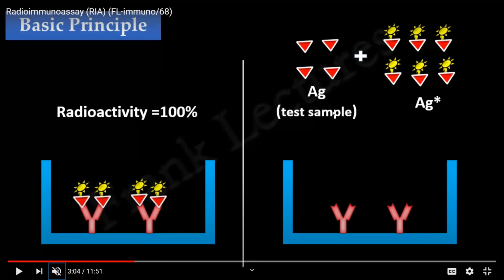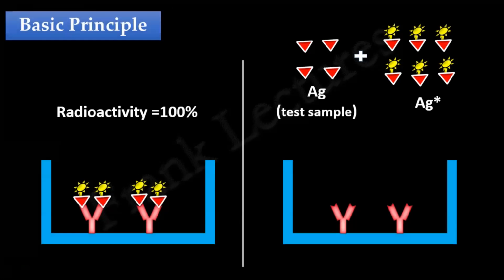We cannot tag those antigens with a radioisotope, so the antigens in the test sample will have no radioisotope, and another antigen will be taken which is radio-labeled. Both of them will now be added to this microtiter well. The ones which are radio-labeled, and the others are the test sample antigen, which is the same antigen specific to those antibodies. Those two have been added.